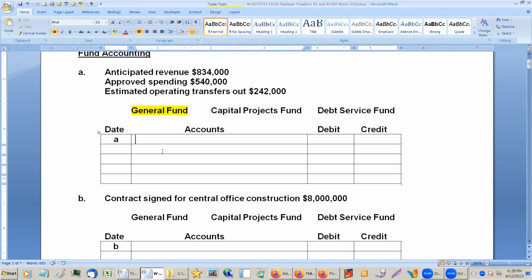Okay, so we'll have estimated revenue of 834. Approved spending.